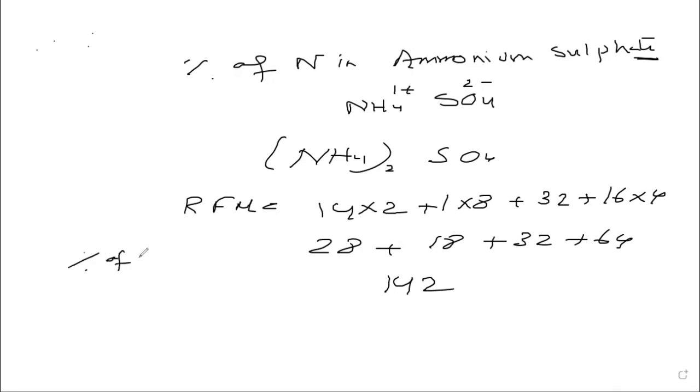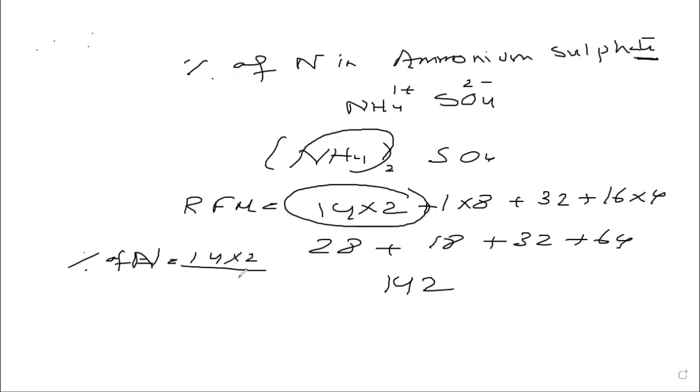Now percentage of nitrogen will be mass of nitrogen. What is the mass of nitrogen? See, I will not write only 14. 14 multiplied by 2, because outside the bracket there is 2. So I can write 14 into 2 or I can directly write 28 divided by the RFM into 100.